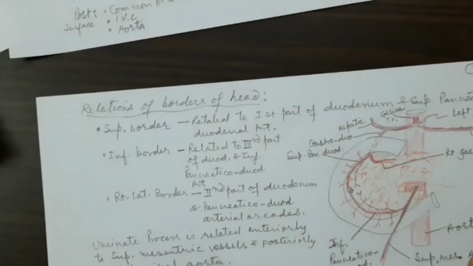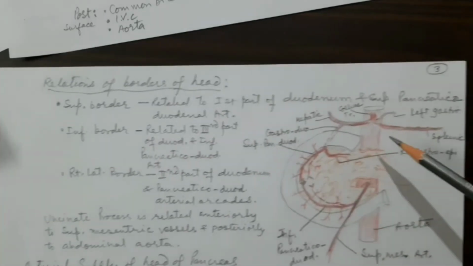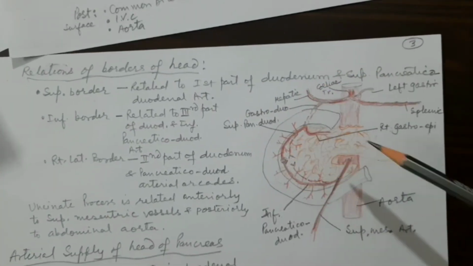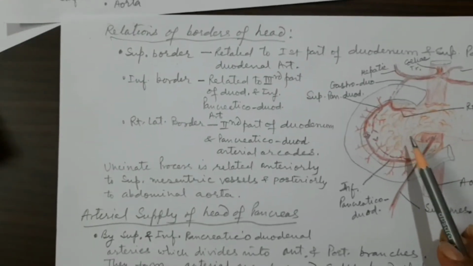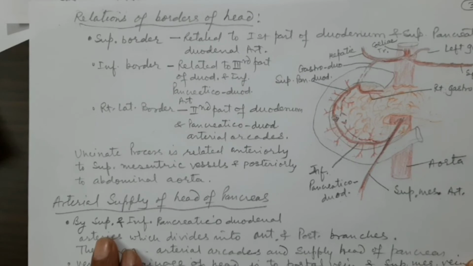Okay, after learning the borders, surfaces and relations of the head of the pancreas, let us come to the arterial supply, and I will use the same diagram for the arterial supply to the head of the pancreas, and I have already explained these arteries. Let us see what are the arteries which supply the head of the pancreas.